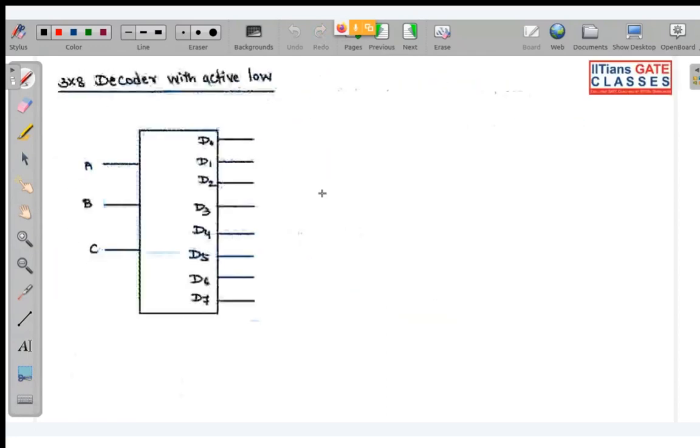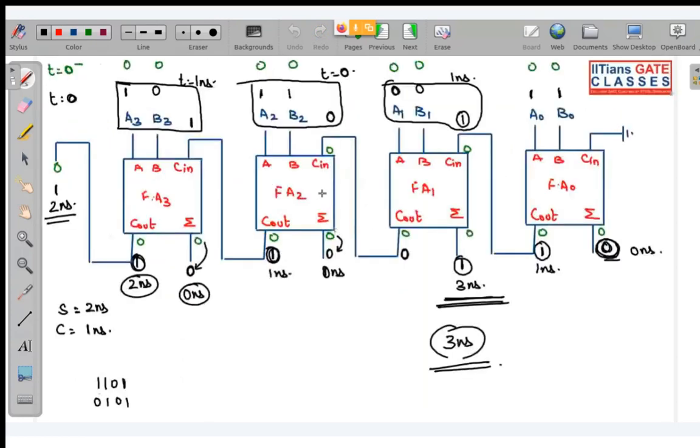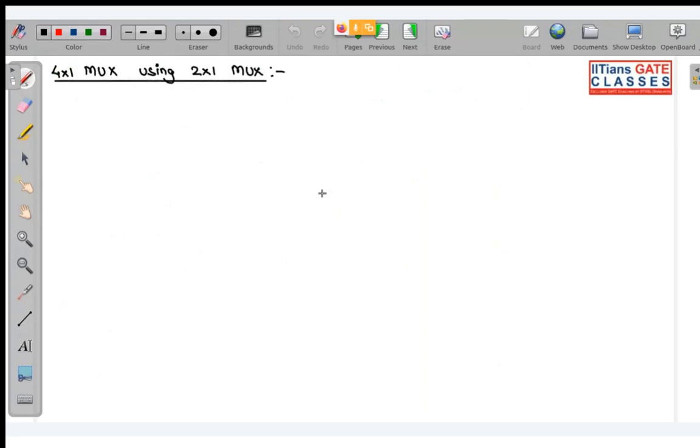So now, what is our next concept? We were doing multiplexers. So how do we generate a 4 cross 1 mux using 2 cross 1 mux? Look very carefully. A 4 cross 1 mux has 4 inputs.